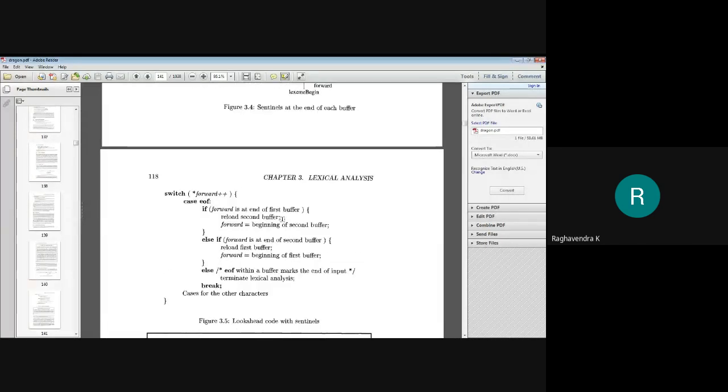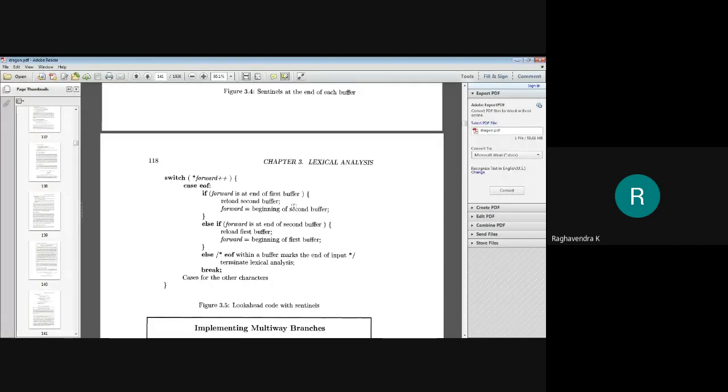So we can write a code for that process which we have discussed so far like this. As I said, forward would be advanced, forward plus plus. So whatever character we have come across, it can be either EOF or it can be something else. If it is EOF, then there are two possibilities. Either we have reached the end of the first buffer or the second buffer, or else we have come across the end of the input itself. So what to do when we come across the end of the first buffer?